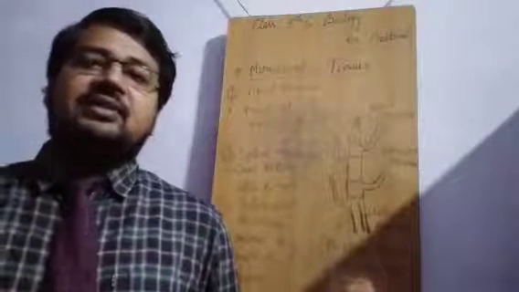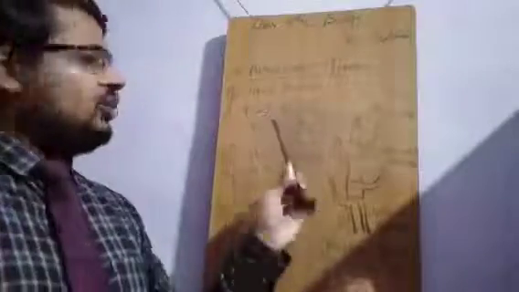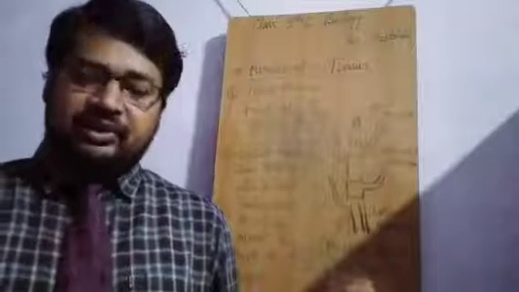Then you will be able to notice the thread-like apical meristem in the root. So we will study this and try to know the relevance of each meristematic tissue in the life cycle of plants and trees.